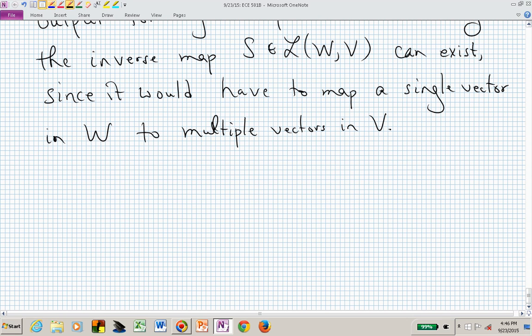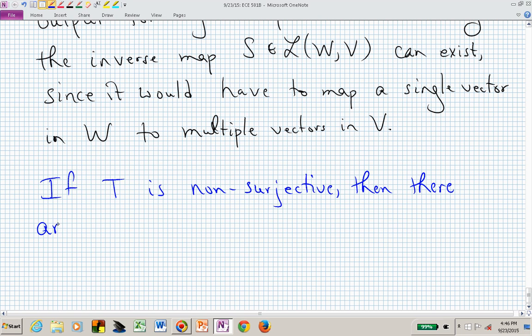What if the map, let's say if T is non-surjective, now what do we have?